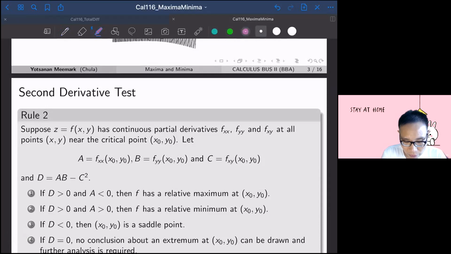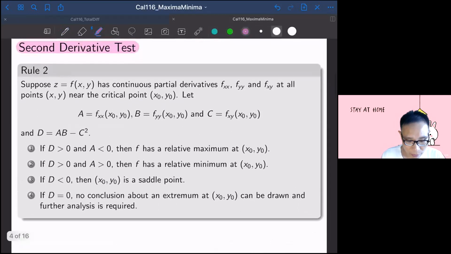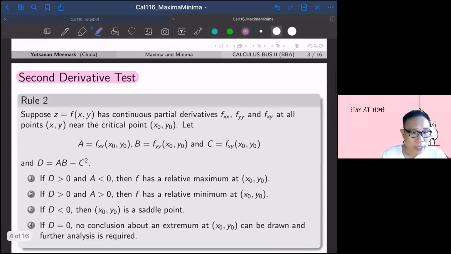The second derivative test is an important test that allows us to determine relative maximum and relative minimum, and it uses second derivatives. We have z equals f(x,y), a function that has continuous partial derivatives f_xx, f_yy, and f_xy at all points (x,y) near the critical point (x0,y0).